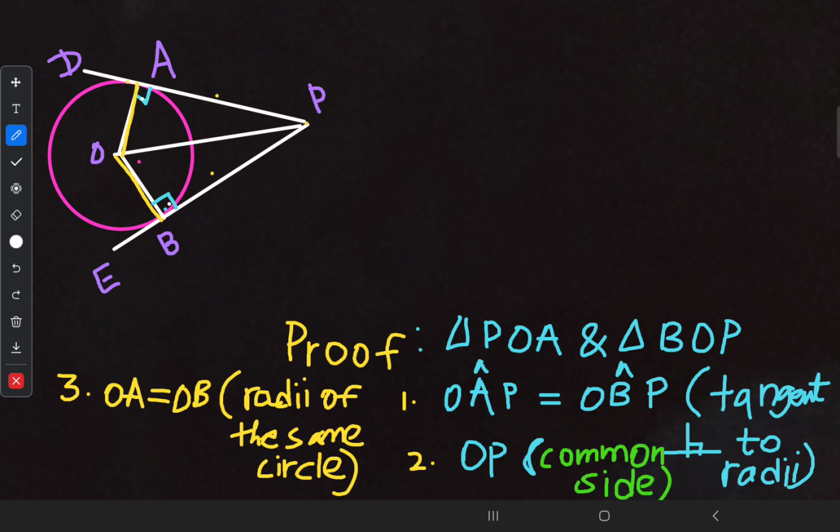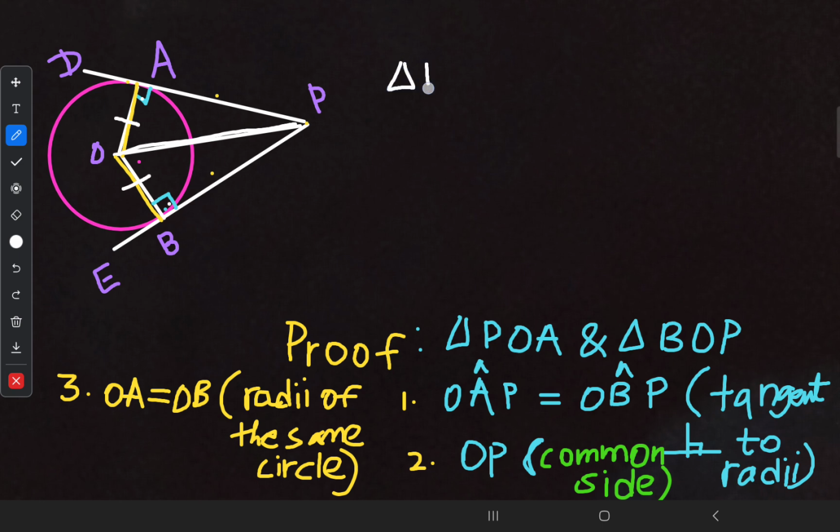These are perpendicular, so tangent perpendicular to radii. Then OP is a common side, and we need at least three conditions to prove a triangle congruent with another triangle. Third, OA and OB are equal because these are radii of the same circle. Now three conditions were satisfied.